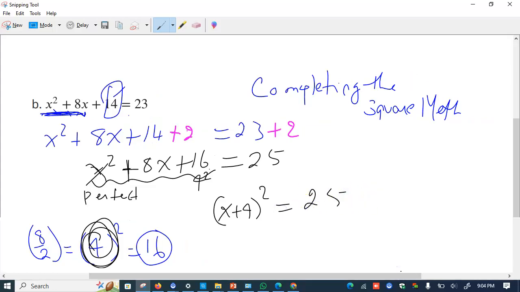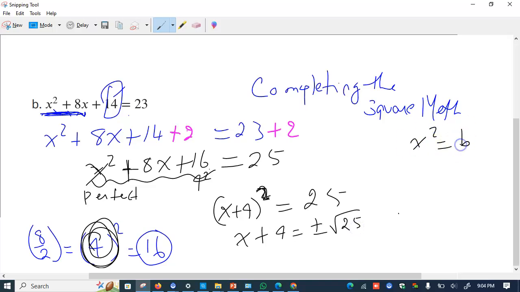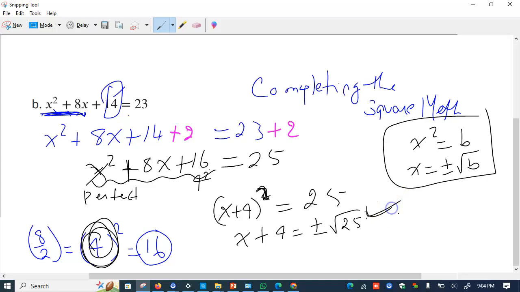Now, how do I get away with the square? So your x plus 4 becomes, on the right side, plus or minus the square root of 25. Because the formula is if x squared is b, x is plus or minus the square root of b. That's what is important. Now, this one is easy because the square root of 25 is 5.